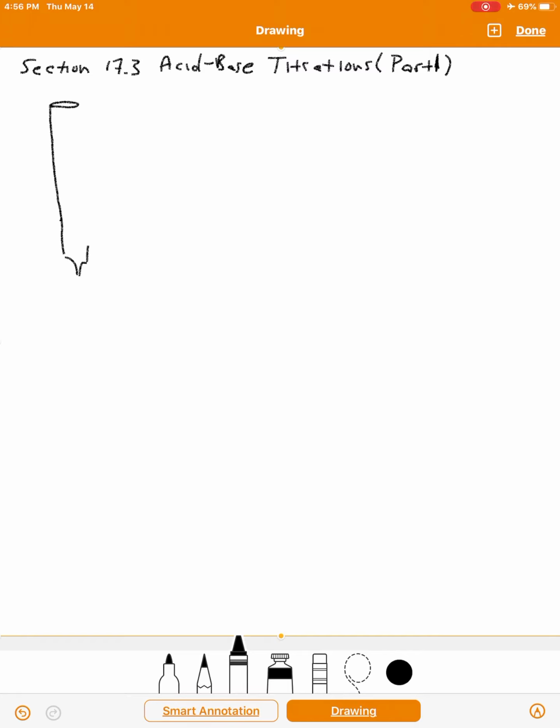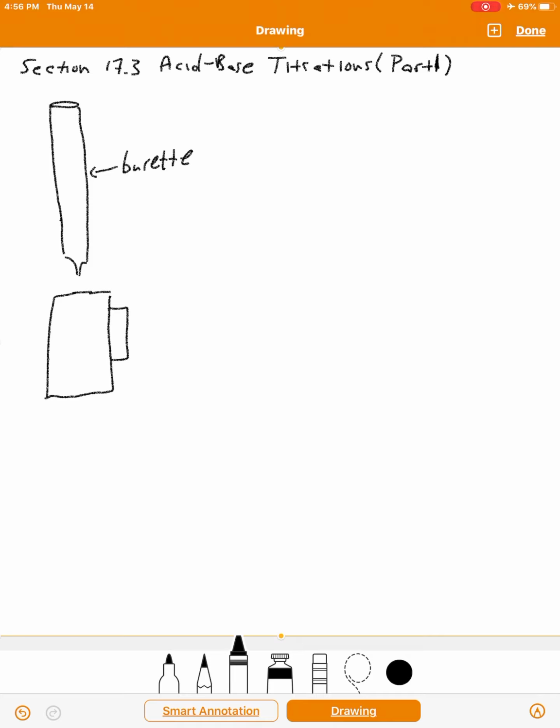So the idea here is that we're going to take a burette, right? And then underneath that we'll have either a flask or a beaker, some type of container. Here we'll make it a coffee cup. Okay?